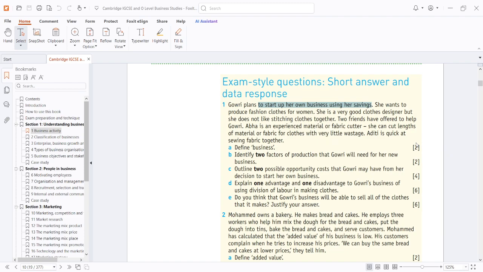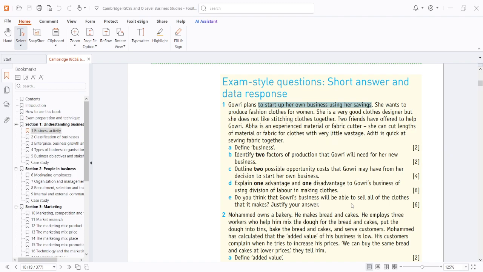But anyway, do you think that Gauri's business will be able to sell all the clothes that it makes? Now, basically, you state a reason why she would be able to sell the clothes, and then you state a reason why not, and then at the end you give a final decision kind of thing.